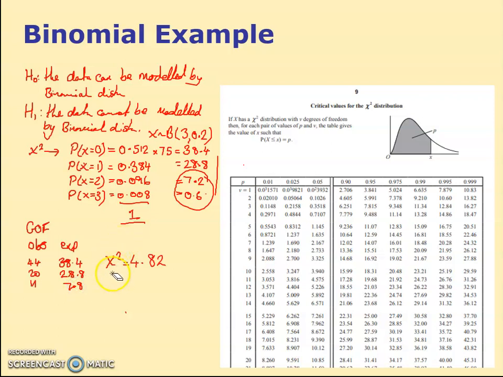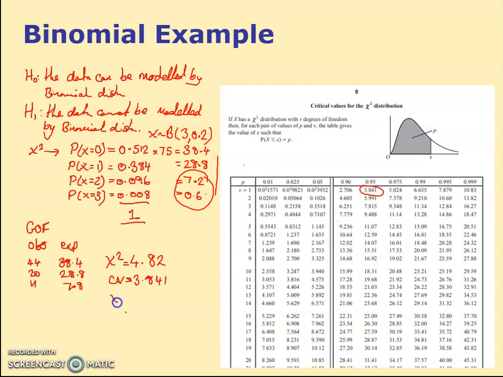I typed this into my calculator in the GOF test section, and it gave me this value, 4.82 for the chi-squared. Now, of course, I had 3 categories. 3 minus 2 for the binomial means my degrees of freedom is 1, and it's a 5% test, so my critical value, according to me at least, is 3.841.